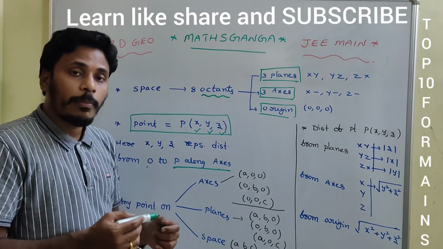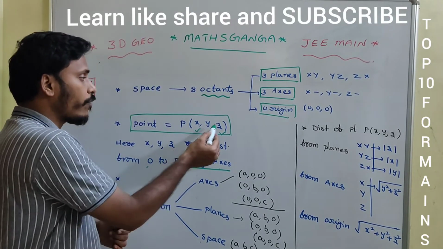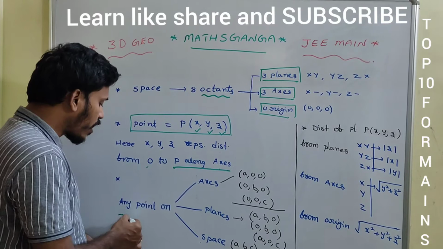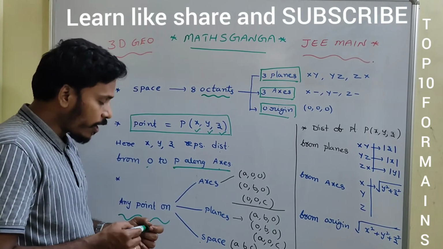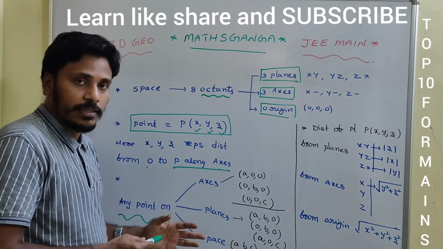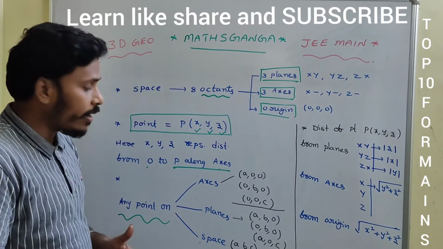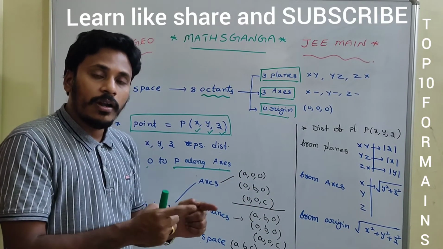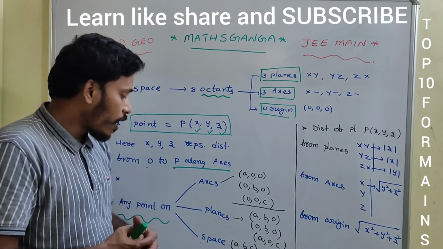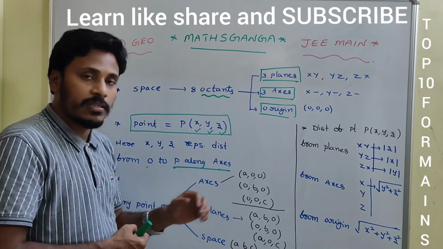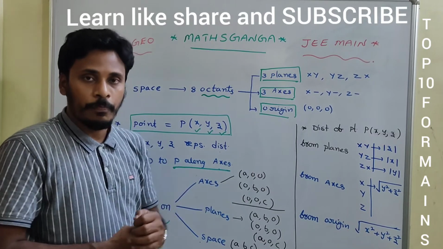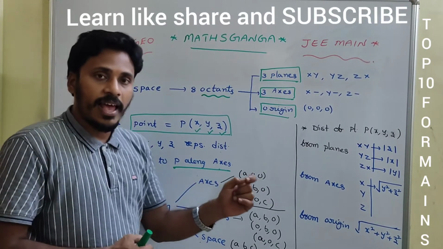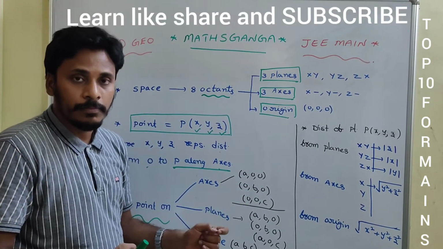If you take a point in the space, it is of the format (x, y, z). For a general point on the axes: on the x-axis the coordinates are (a, 0, 0), the x coordinate is a and the y and z coordinates are 0. Any general point on the y-axis is of the format (0, b, 0), and on the z-axis it is (0, 0, c).